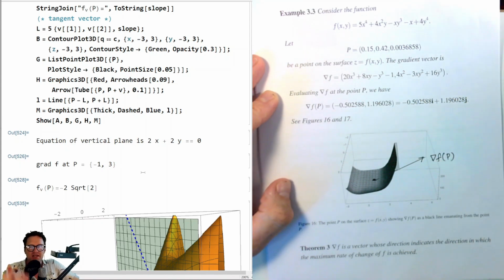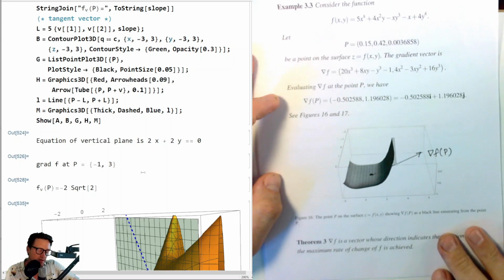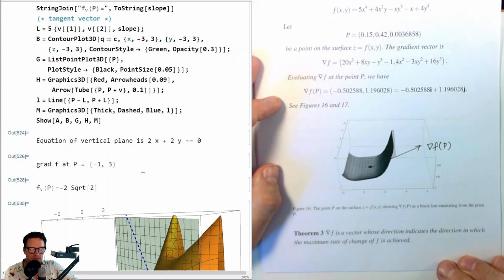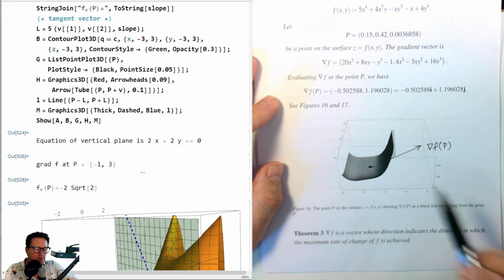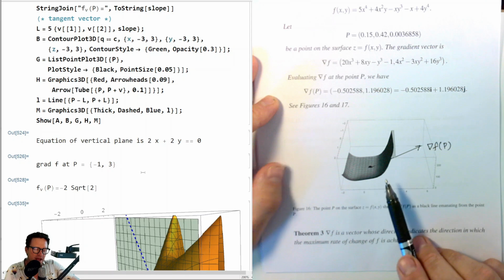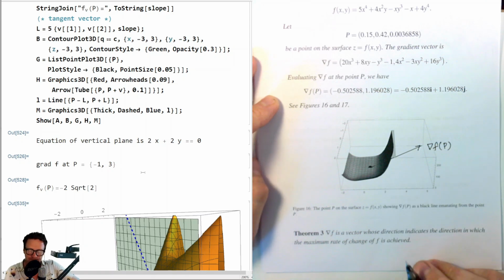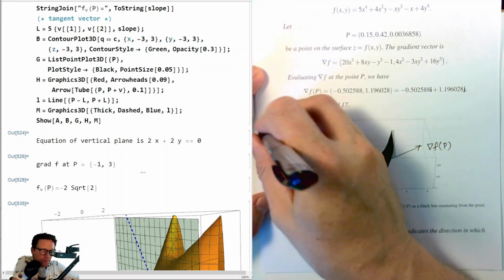Okay, so what does that on its own mean? What does it give you? Well, it tells you the direction to go in order to ascend or go up the function at the fastest rate possible. So let's write this here in the column.